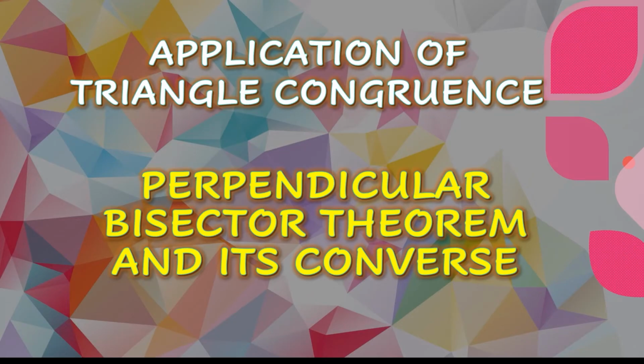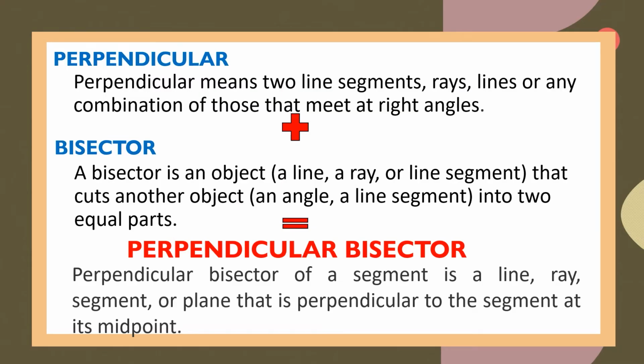Let us now proceed to the application of triangle congruence. First, we have the perpendicular bisector theorem and its converse. Perpendicular means two line segments, rays, lines, or any combination of those that meet at right angles.